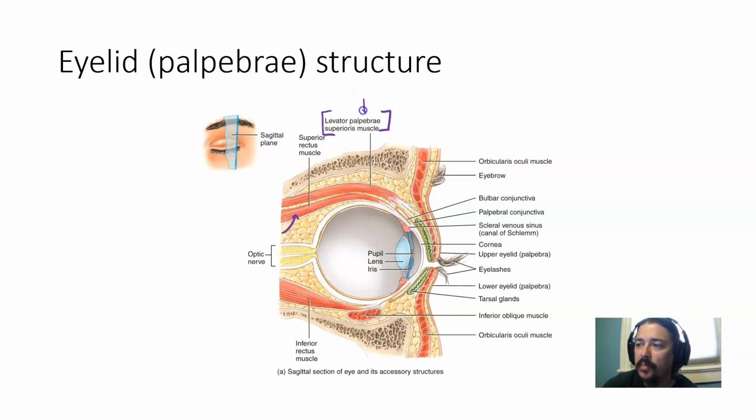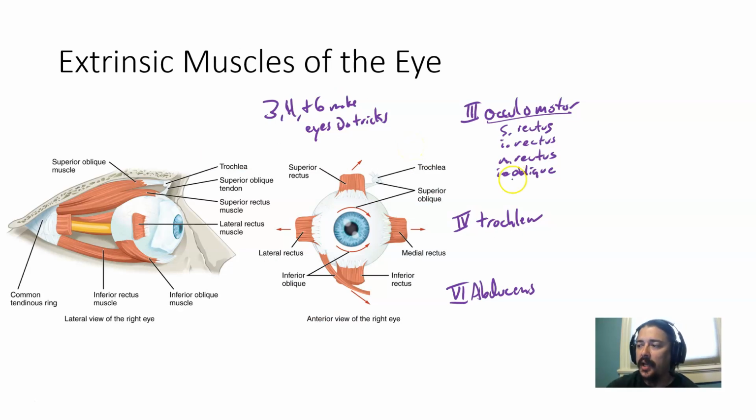And if you remember from a couple minutes ago, I told you the word palpebrae means eyelid. So this is the one that lifts the top eyelid. In other words, it opens your eyes. So I'll just abbreviate that, levator palpebrae superioris. Also, there's an autonomic ganglion that we talked about in chapter 15, innervated by the oculomotor nerve.